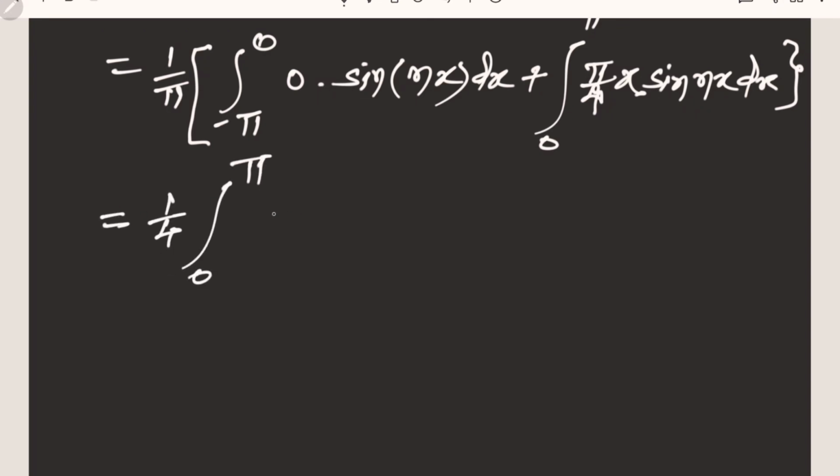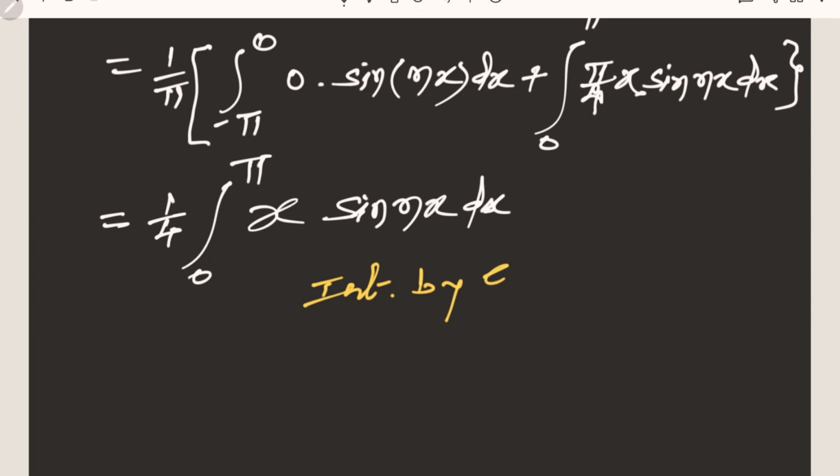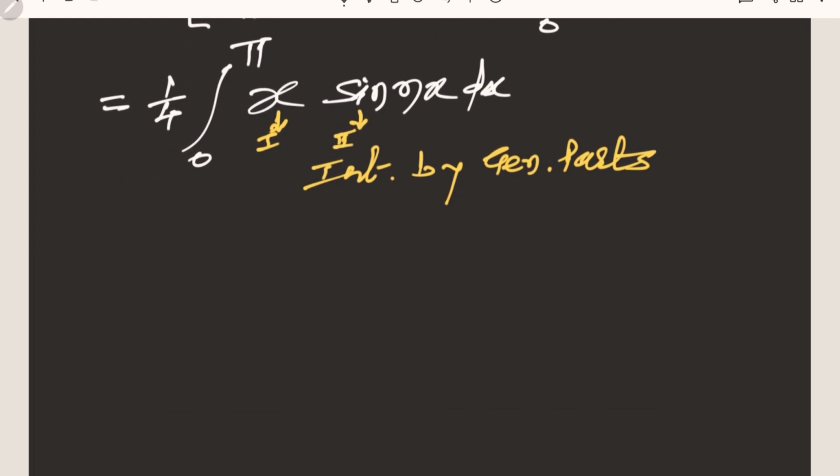Therefore 1/4 as it is, no change. Integration from 0 to π of x sin(nx). Again integrating it by generalized parts as it is a product. x must be the first and sin must be the second term. 1/4 as it is, no change.